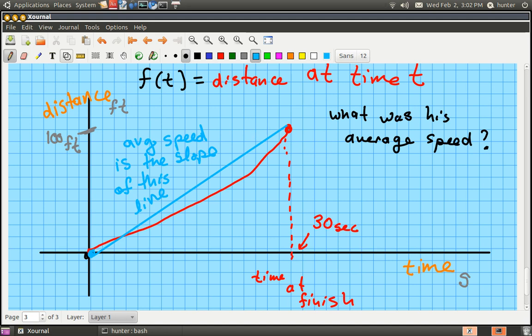Sometimes we call this the secant line. When we draw a line connecting 2 points, the technical term for that is the secant line connecting those 2 points. Let's say a little bit about why that's true.